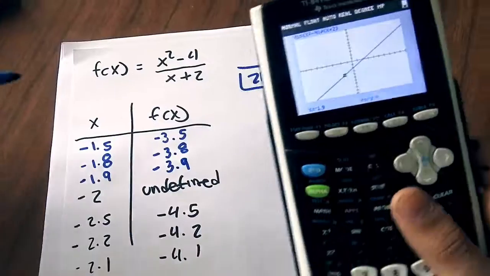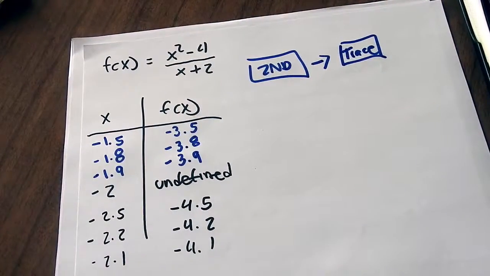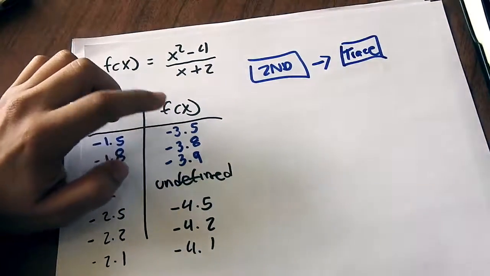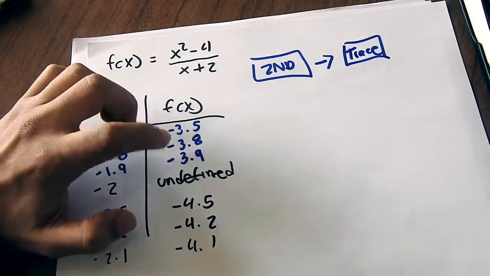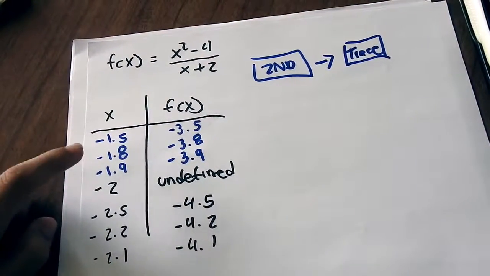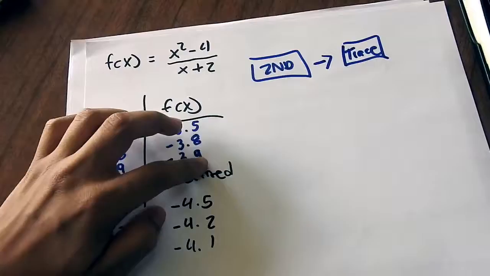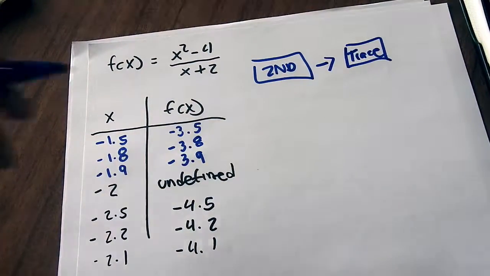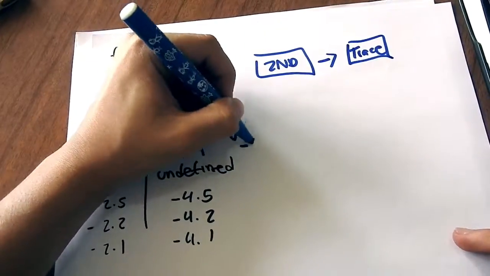So as you can see, with our table of values, as we approach -2 from either side, you can see -3.5, -3.8, -3.9. If I make this -1.99, it's going to be -3.99, and so on. You can see that we are heading to -4.